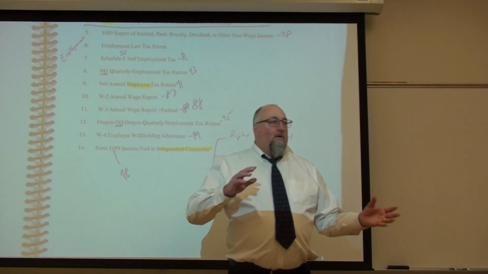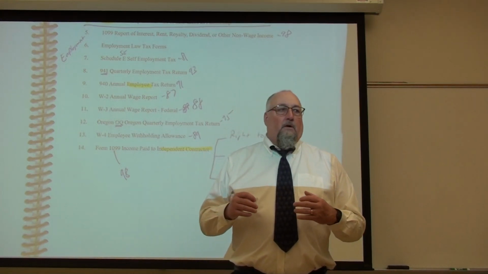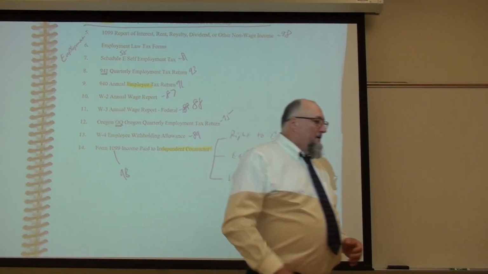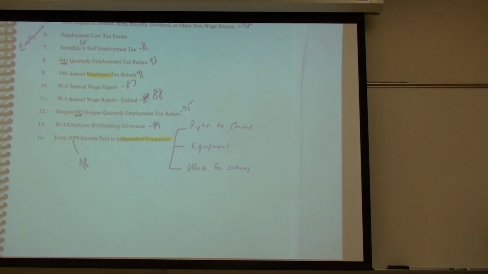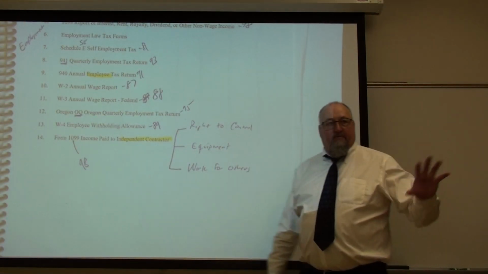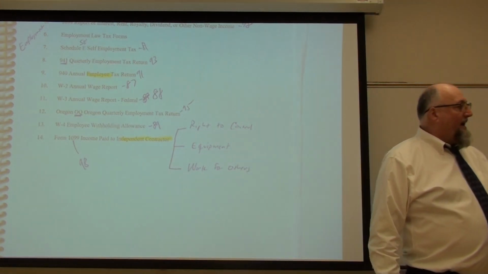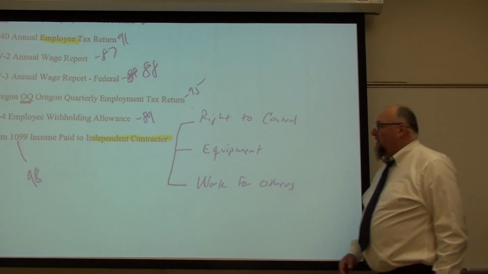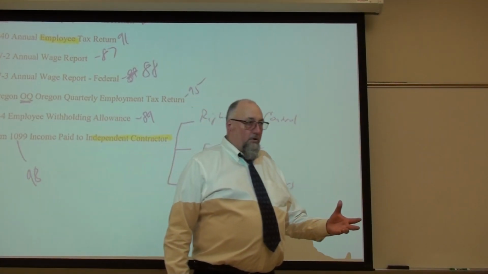So how do you determine? There are various tests, but I really break it down into 3 major components. There's one called the 12-part test that gets basically 12 different points. I break it down into 3 broad categories on how you can tell whether or not somebody is truly an independent contractor or really they're an employee.